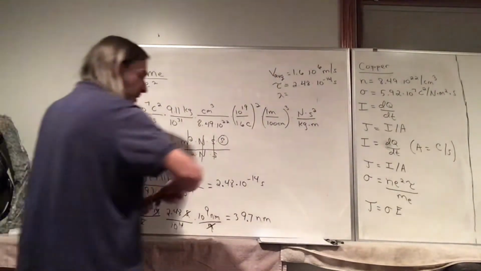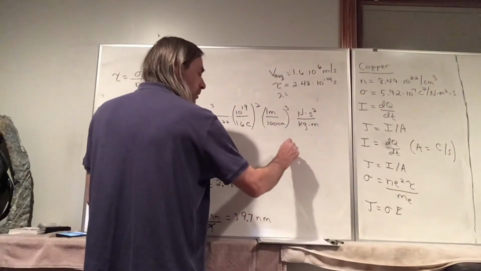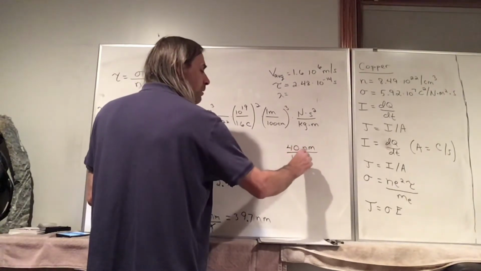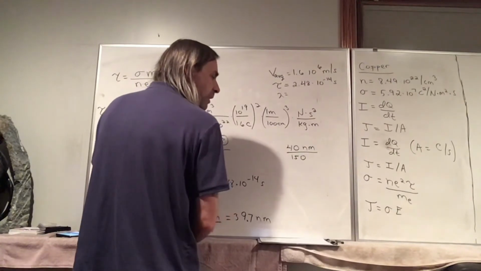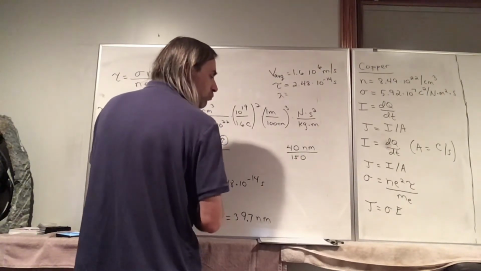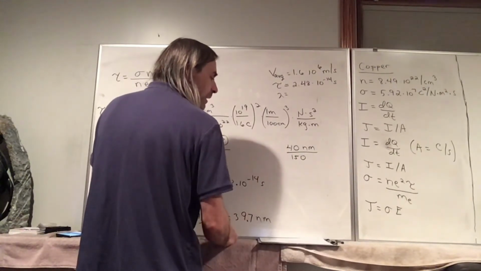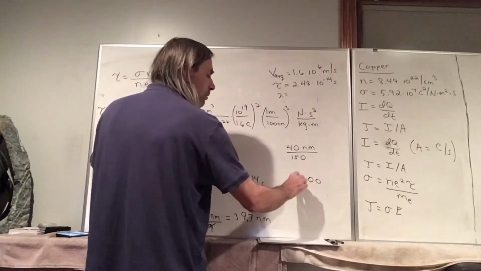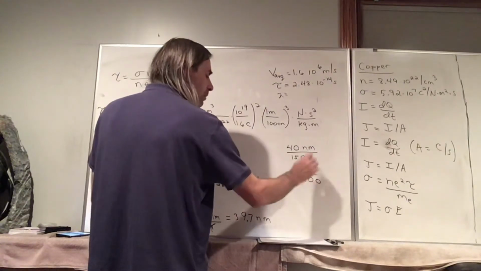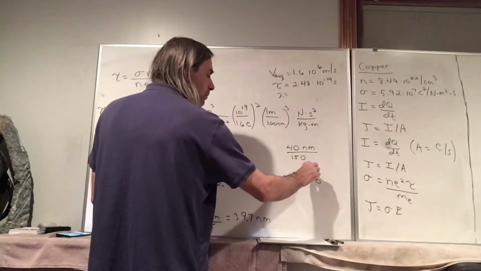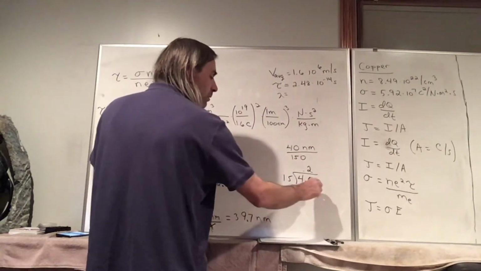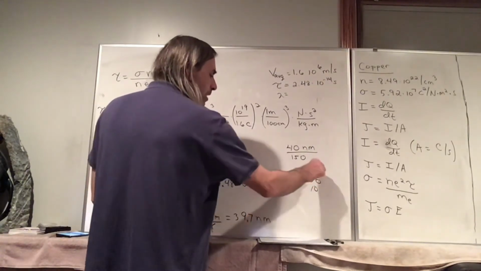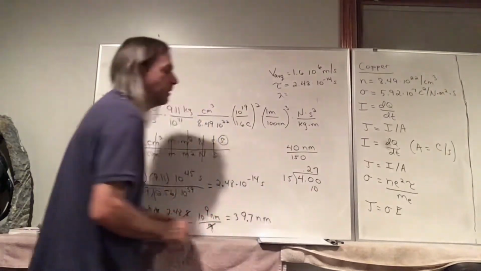So if we divide this by 150, 40 nanometers divided by 150, 4 over 15, let's see, it's about around 0.27 nanometers.